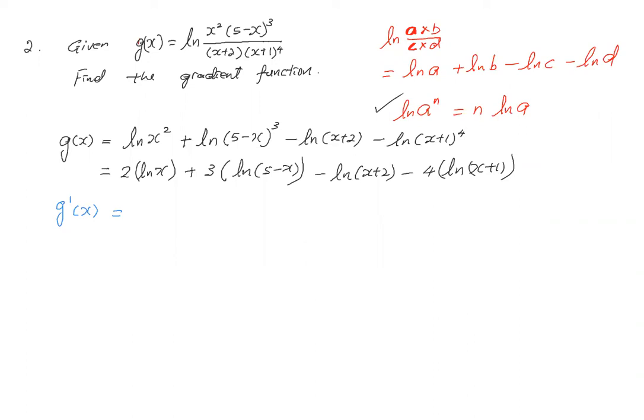Get ready. What should I put down there? What is my f(x) in the first term? ln x. My f prime x is 1 over x, yeah? So what should I put on top?